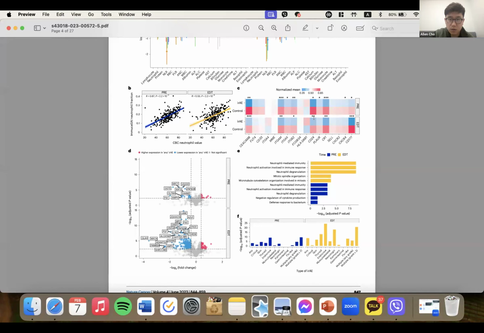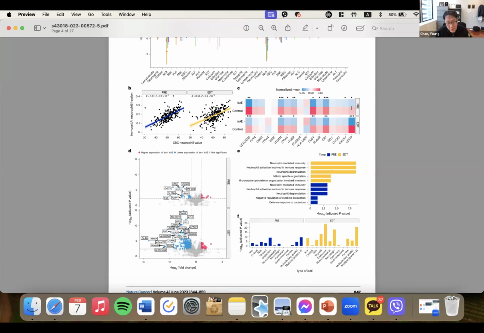So if neutrophil gets activated by immunotherapy, among the ones that are getting IRAEs, that means the neutrophil activating genes should get... Well, the neutrophil has to be more suppressed, because neutrophil is always inverse.